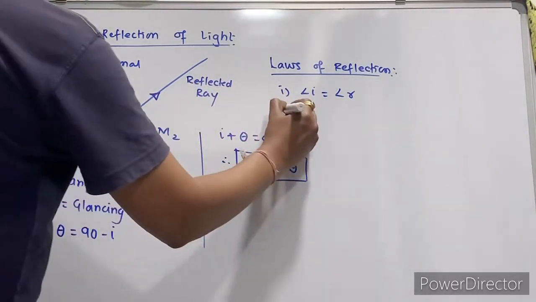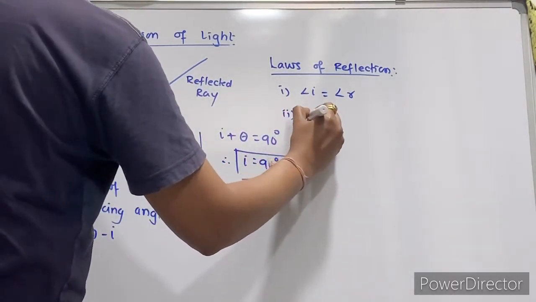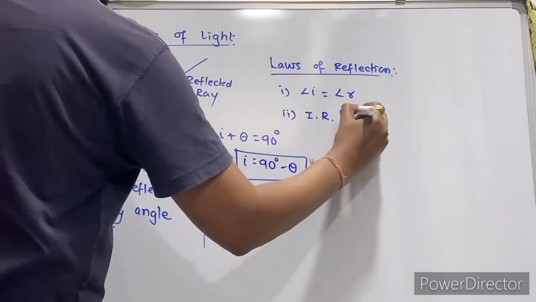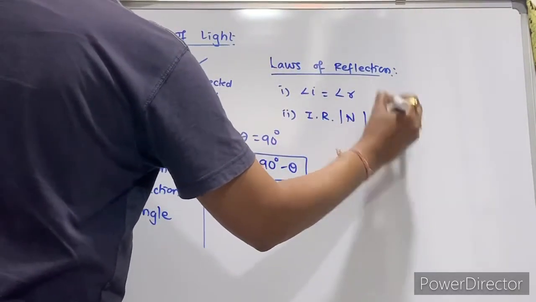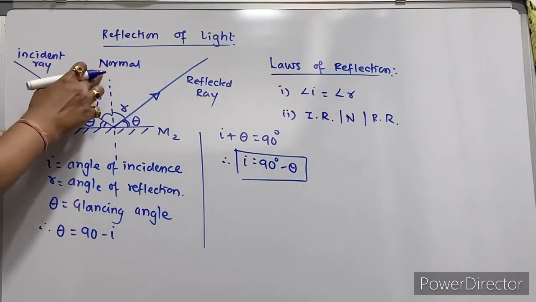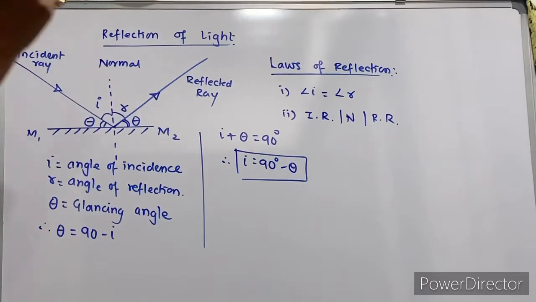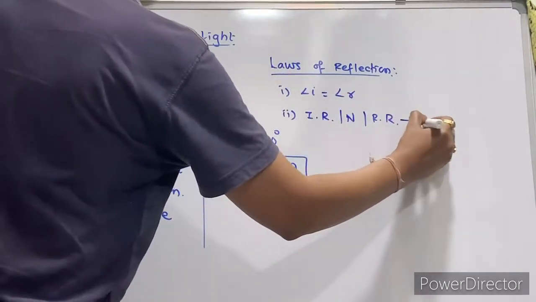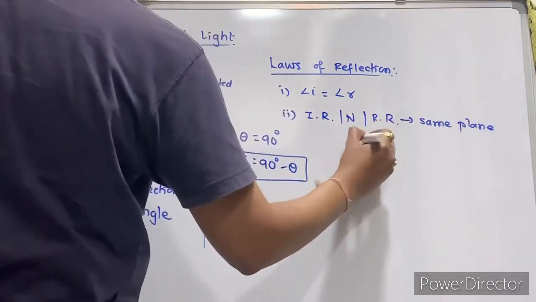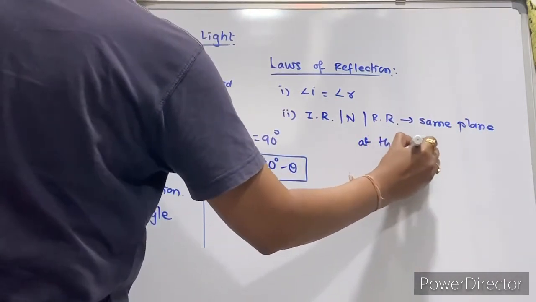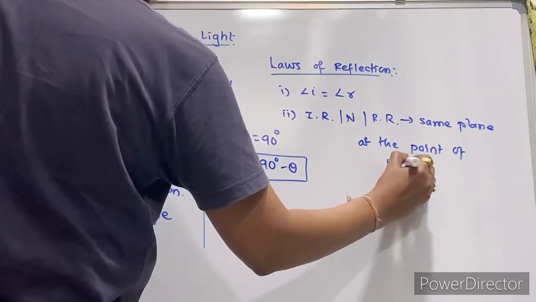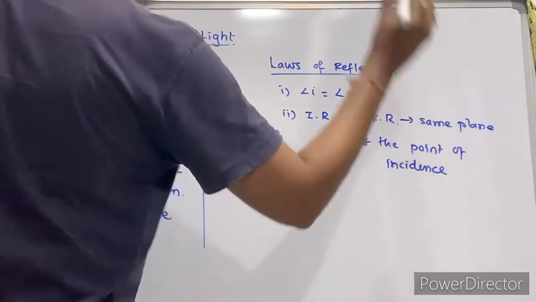Second law: the incident ray, the normal and the reflected ray all lie in the same plane at the point of incidence.